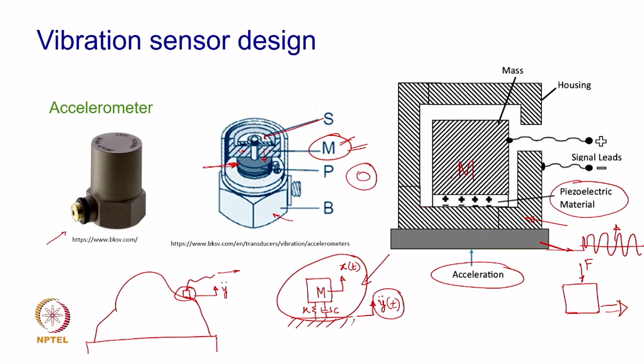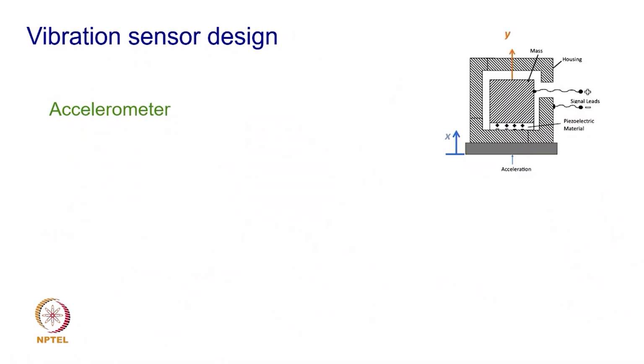Now, going back to our basic vibratory motion of this single degree of freedom system, we again come back to this model which is representing the physical accelerometer elements: there is a proof mass m, and the piezo discs are characterized by K and C. The input here is x of t and the output is y of t of the mass.